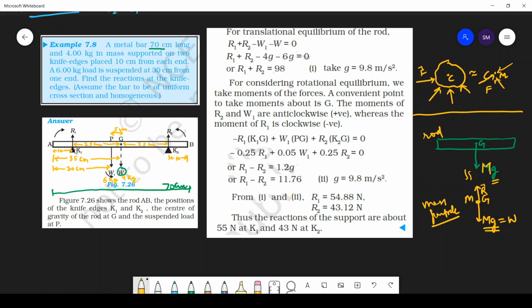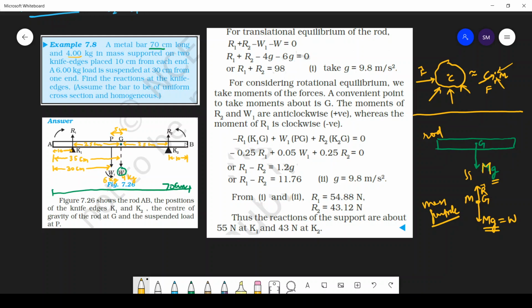Okay, now here we have a 70 centimeter long bar and 4 kg is the mass, suspended at two knife edges. So this metal bar is 70 centimeter long and the mass of this rod is 4 kg.